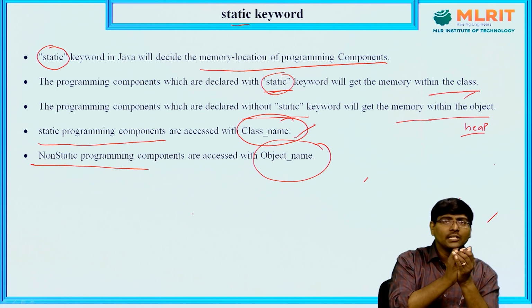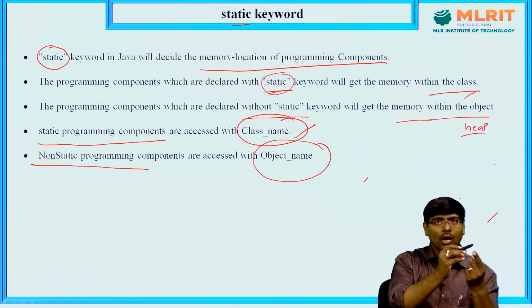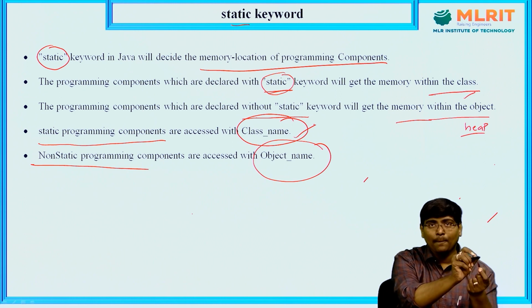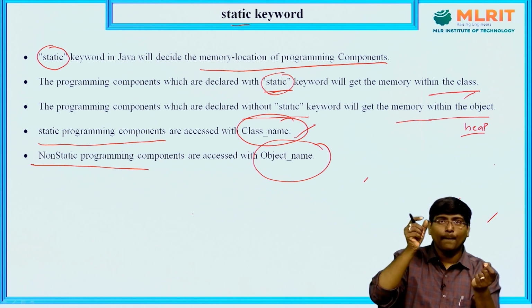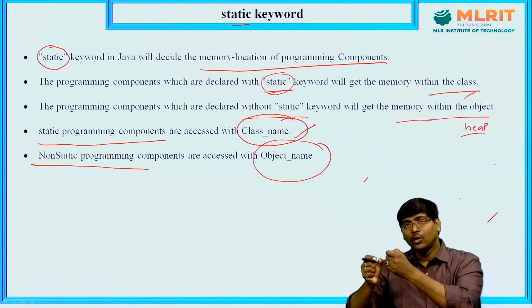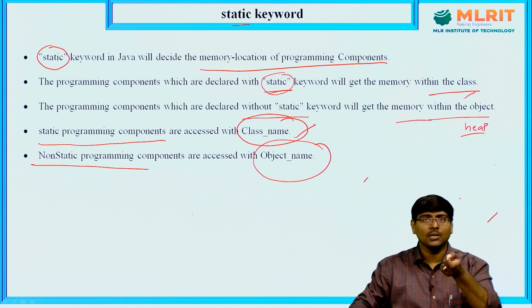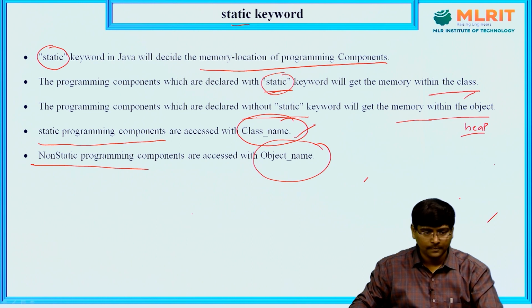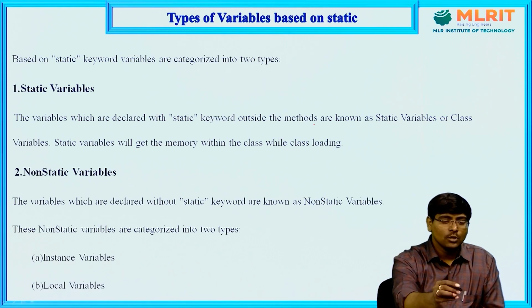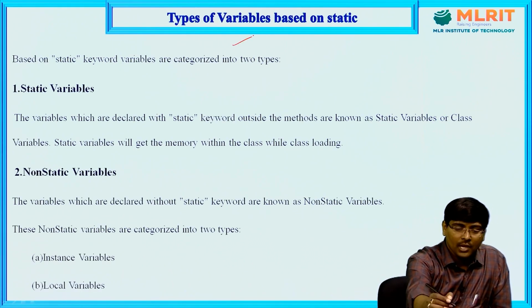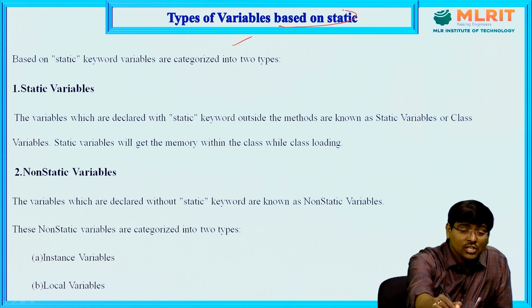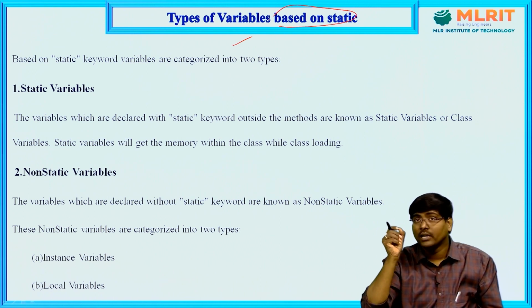Now, based on the static keyword, static is applied to variables, applied to methods, applied to blocks. In this session, we are going to discuss the variables. See this one. So, different types of variables based on static. Remember the point. The word is important.